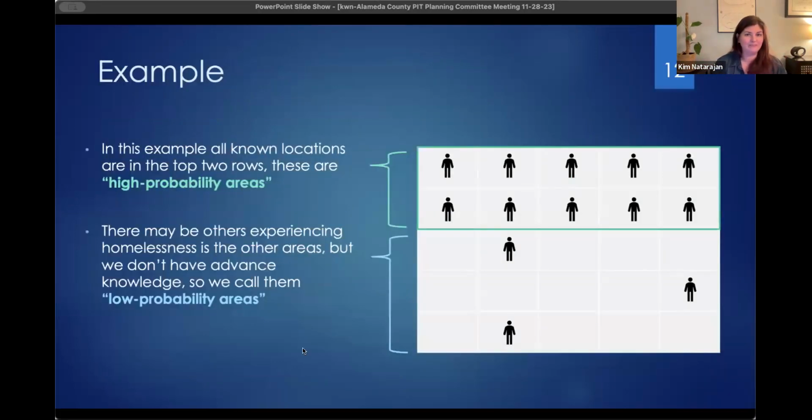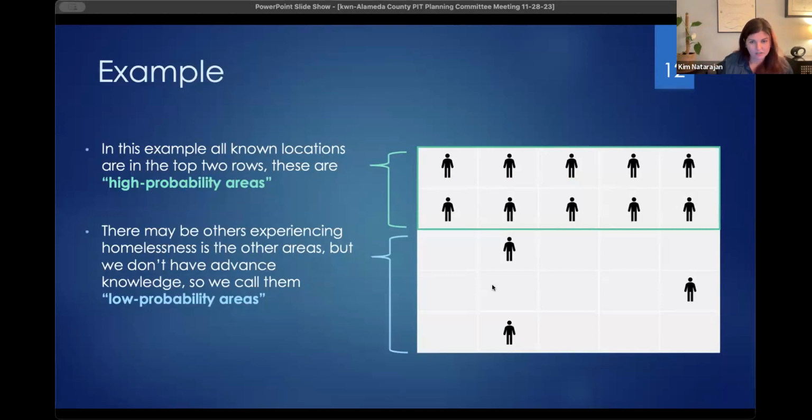So here's the example. In this picture, the first 2 rows, it's about 10 people, are where we're saying that's a high probability area. Somebody like an outreach worker or a volunteer who registered dropped a pin in that box and said, yes, somebody's there. Volunteers will be sent to that area.